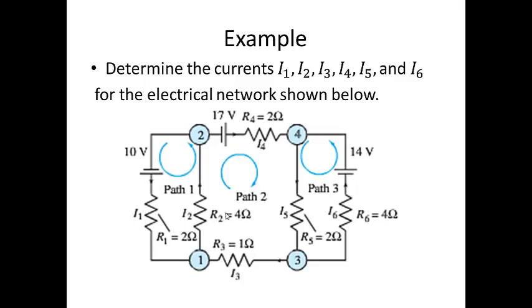Recall Kirchhoff's first law. All the current flowing into a junction must flow out of it. And the second law, the sum of the products IR around a closed path must be equal to the total voltage in that path.